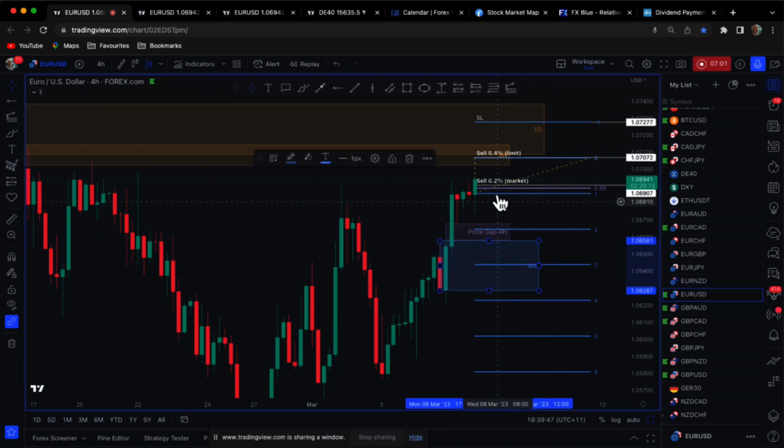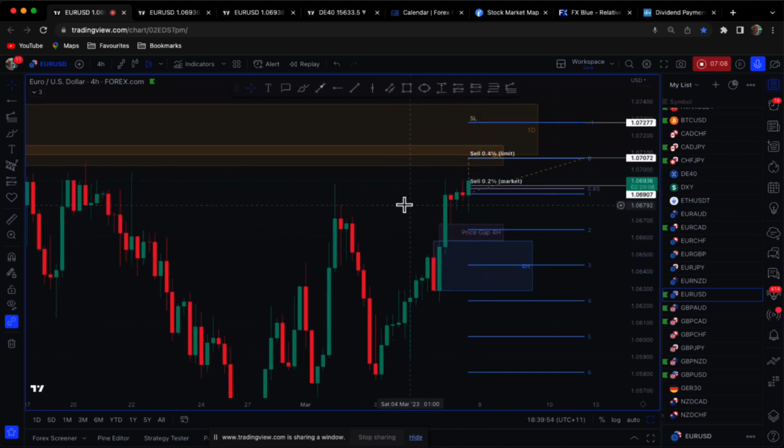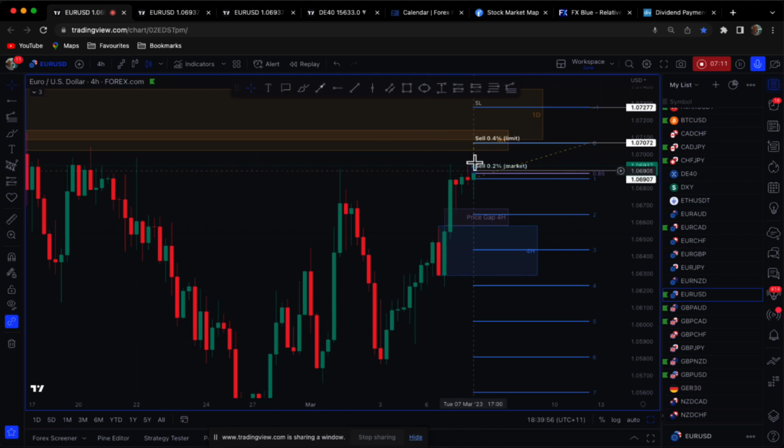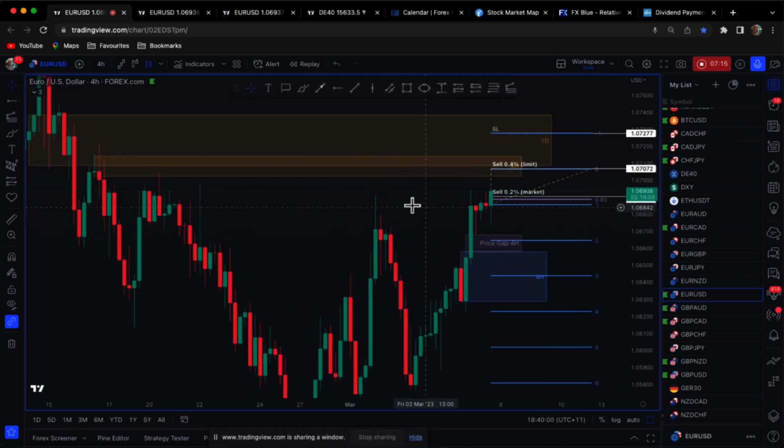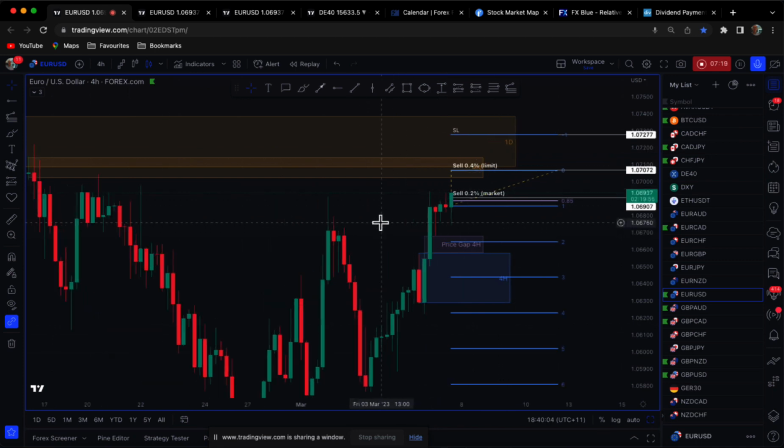That's my reasoning. I don't want to be buying at that level. To me, a sell opportunity makes more sense, given how extended that is. So that's my thinking process with this, and this is my set and forget scenario.